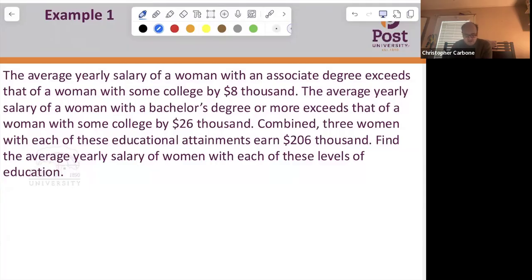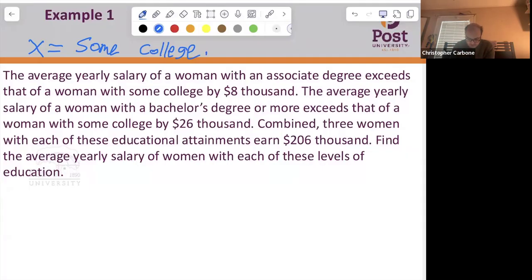Now find the average yearly salary of a woman with each of these 3 levels of education. So per the way this is written, the variable is going to have to be the average yearly salary of a woman with some college, just because the other 2 are written in terms of that.